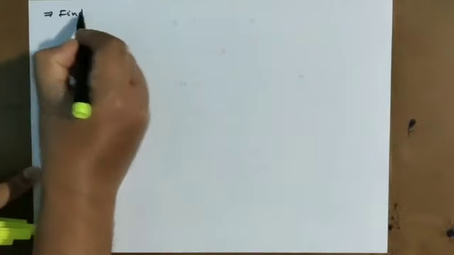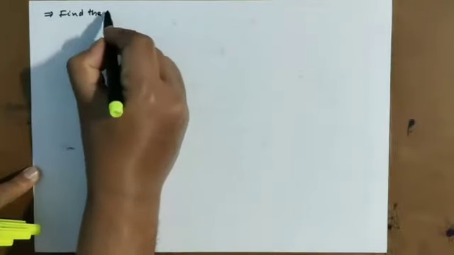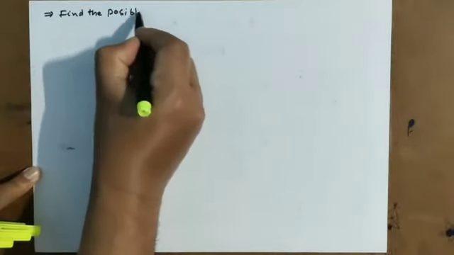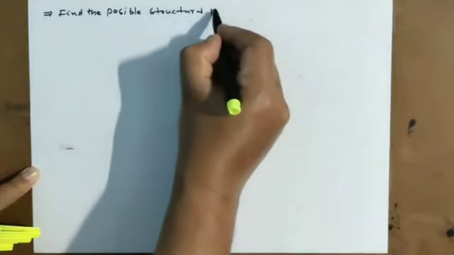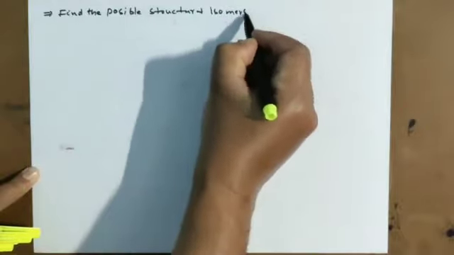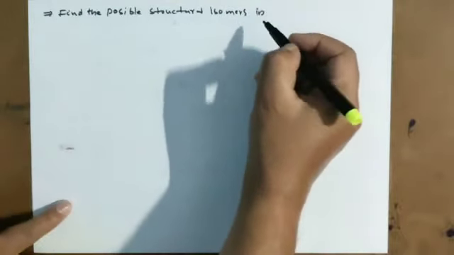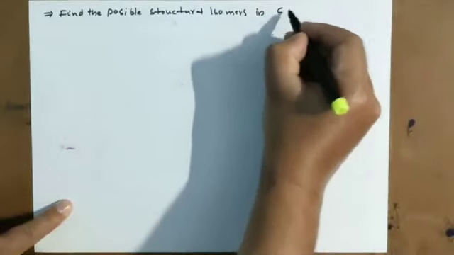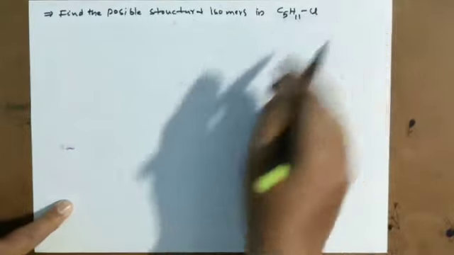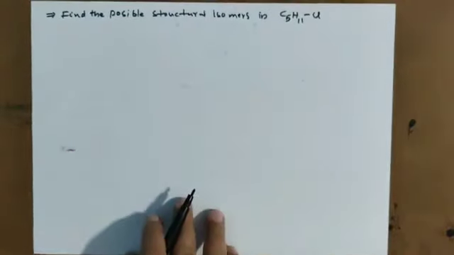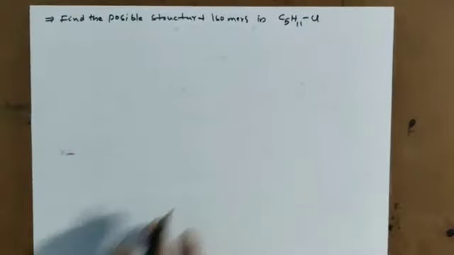Find the possible structural isomers in C5H11Cl, pentyl chloride. How many possible structural isomers are present in pentyl chloride or chloropentane?